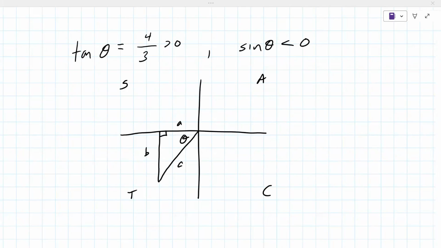What's the value of A and what's the value of B, based on the fact that tangent of theta is 4 over 3? B is 4, A is 3. Okay, so that's the classic answer here.